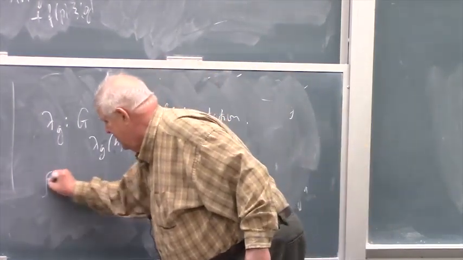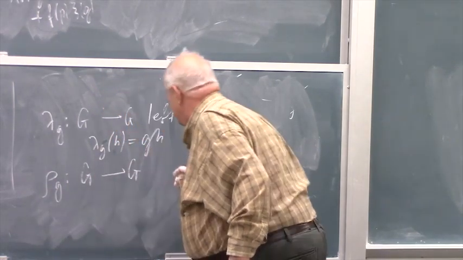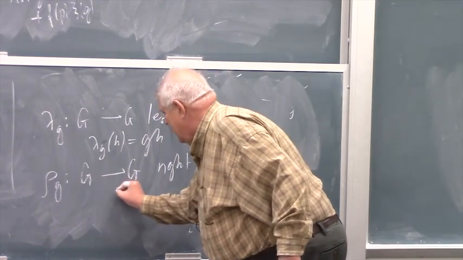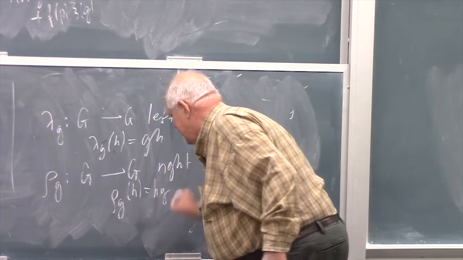Rho g, right translation: rho g of h is hg.